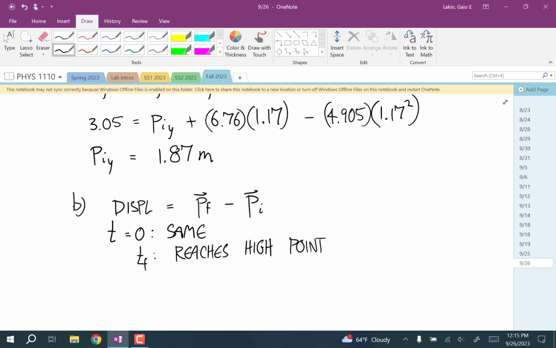As soon as we decide that our time final is going to be when it reaches the highest point, there's one bit of information we know we're going to use. Do you remember what that is? We know we're going to use the fact that VFY is equal to 0, okay? The y component of the velocity is always equal to 0 at the highest point.